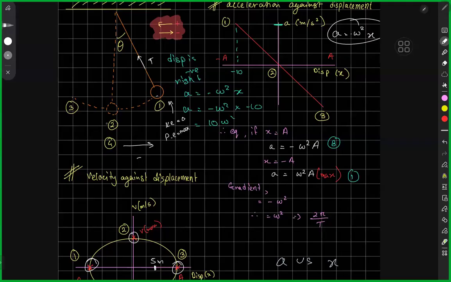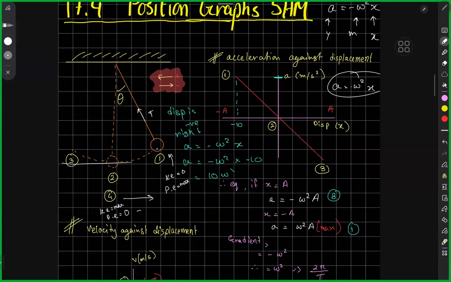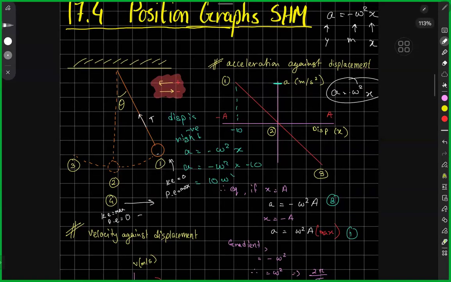At the middle ground, positions 2 and 4, I have KE being max, and I have my potential energy being 0. The reason I call it 0 is because I'm considering the lowest position as the reference point. I'm simply saying this is my starting point, and over here I consider my bob to have 0 potential energy. Yes, any question?